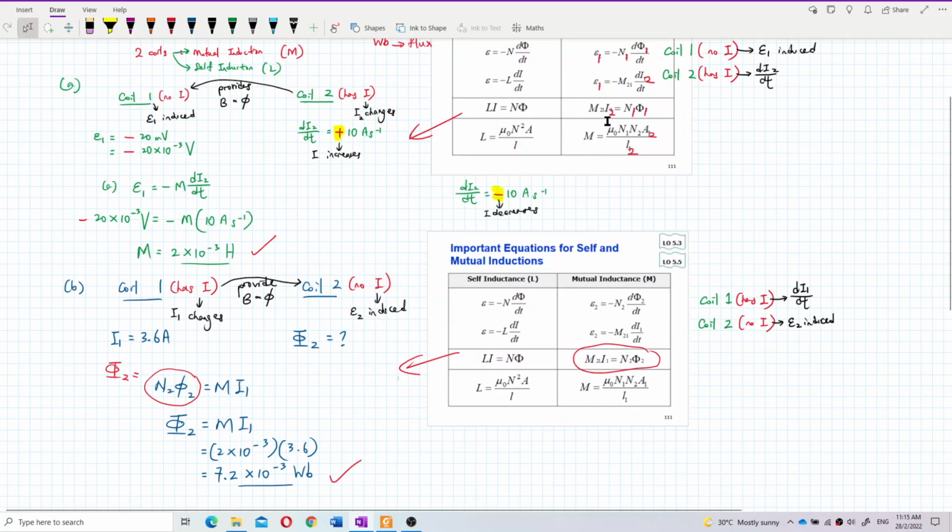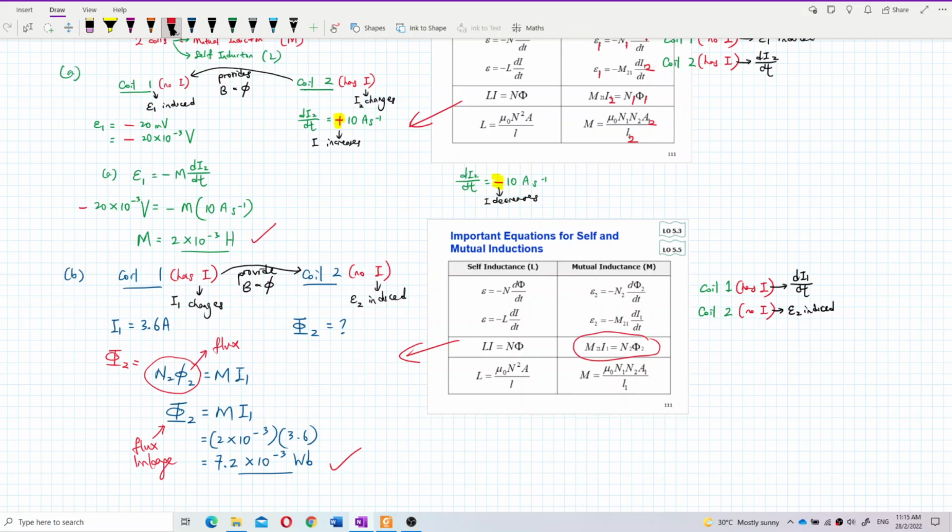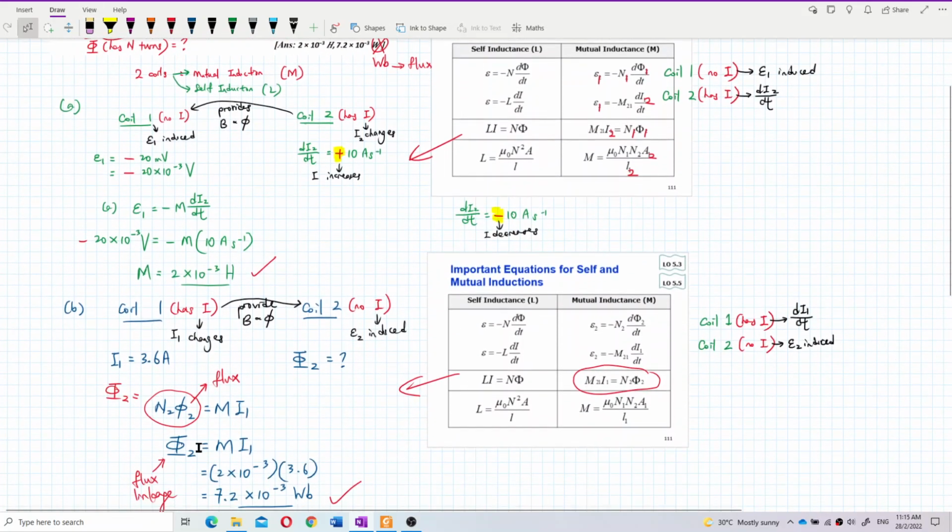This one is M I2 equals N1 Phi 1, and this one is M I1 equals N2 Phi 2. Capital Phi is called flux linkage, and small phi is called flux. The question asks for linkage, so you should use capital Phi.